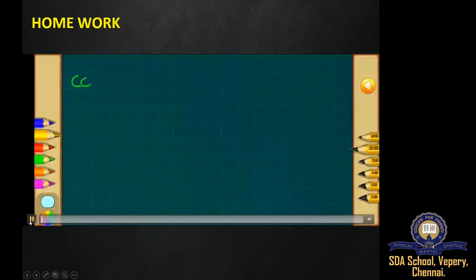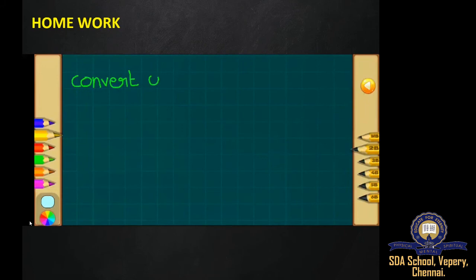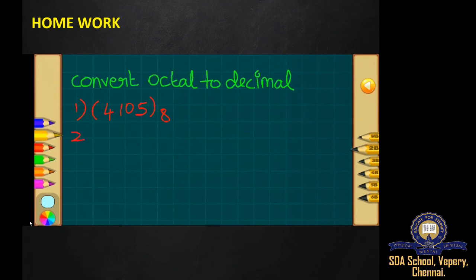Now you have two homework sums as usual. Totally 4 sums. We have already completed 2 sums and the other 2 sums are for your homework. What is the first sum? 4105 we have completed, and the second sum, 32010.